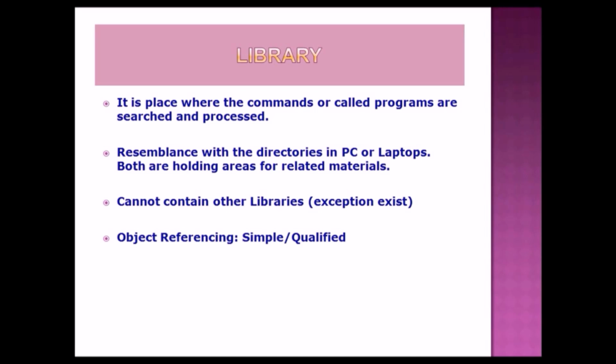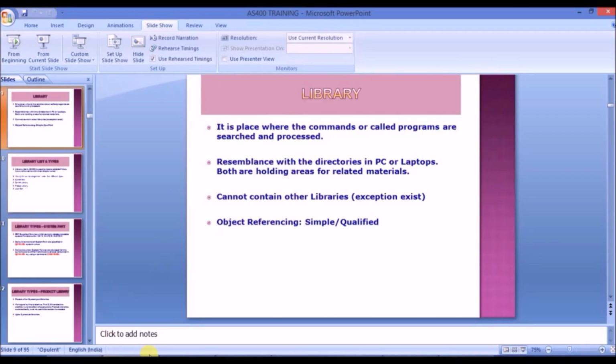One is to just use its simple name, CUSTOMER, or use the qualified way, that is the library name followed by the name of the object, that is CUSTOMER. Now in the former case, the system will search for the object CUSTOMER in the library list, whereas in the latter case the system will directly go to the mentioned location.